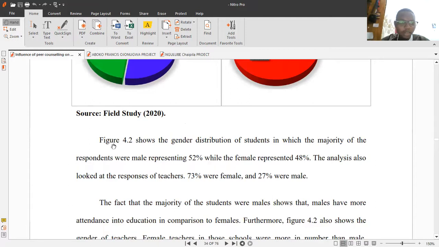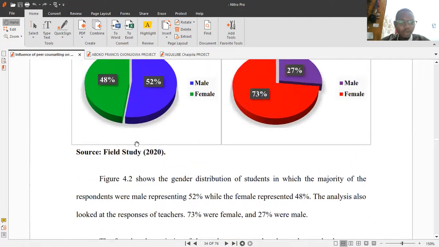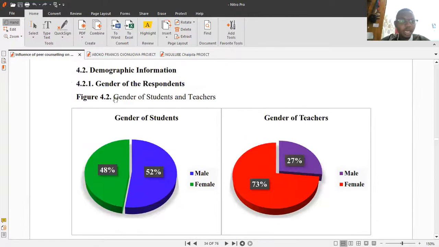Like here, you're going to say table 4.2. I'm going to explain. This 4 represents the chapter in which we are. We are now in chapter 4. So if this figure, for example, or a table is in chapter 3, then here, if it is a table, we would say table 3 point, then you mention the number of the table.